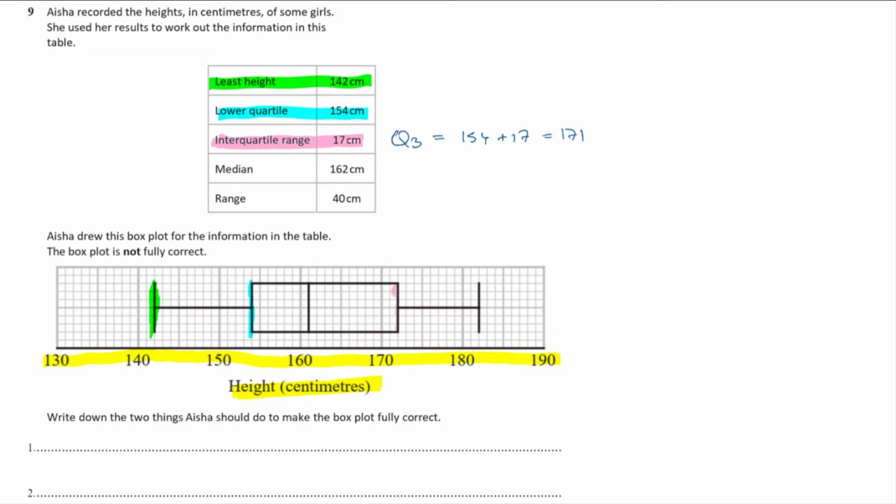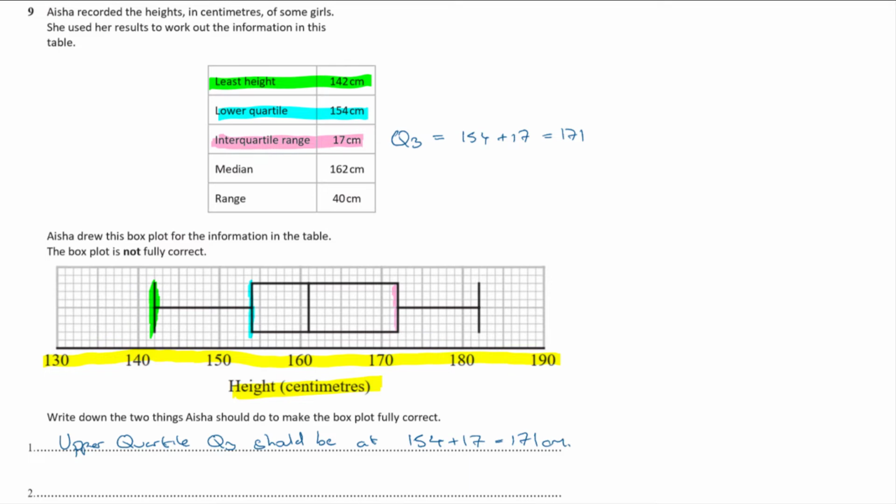It's at 172. Okay, so the first error is that she has got the upper quartile in the wrong place. So my first thing is upper quartile Q3 should be at 154 plus 17 equals 171 centimetres.